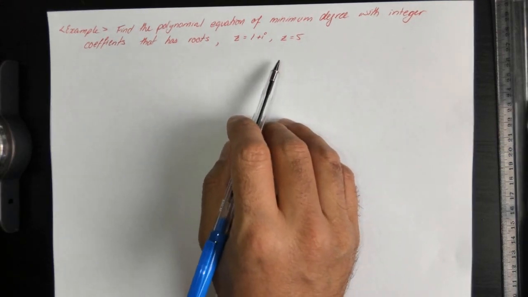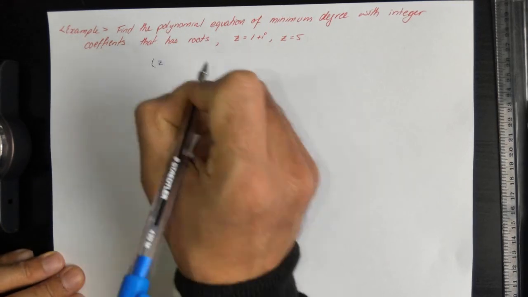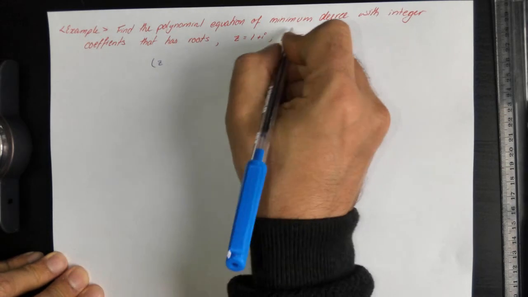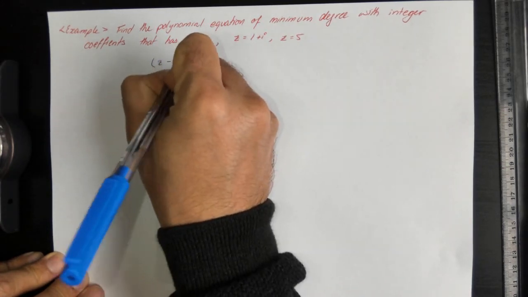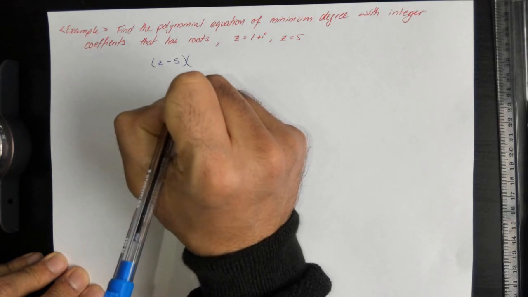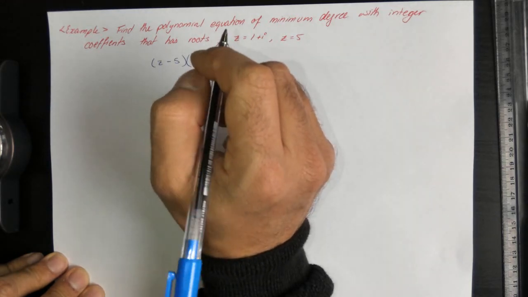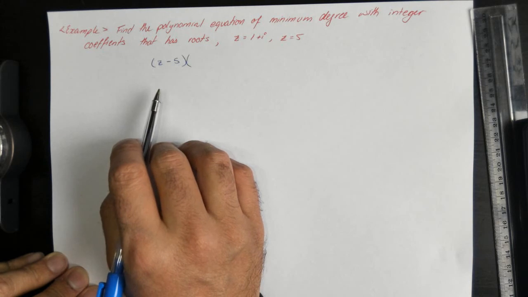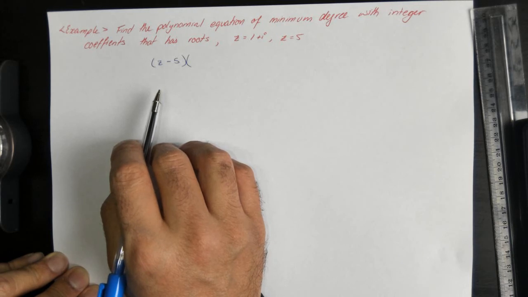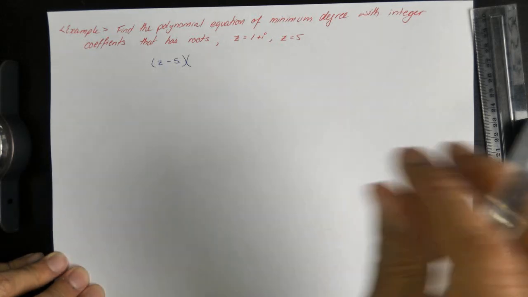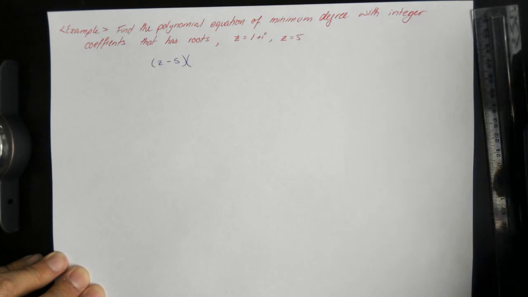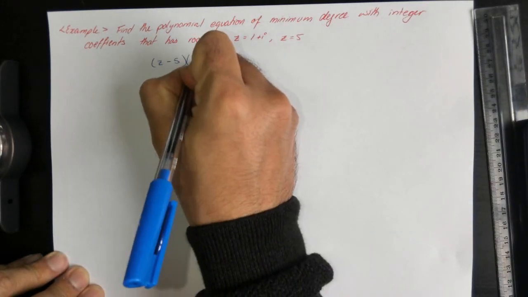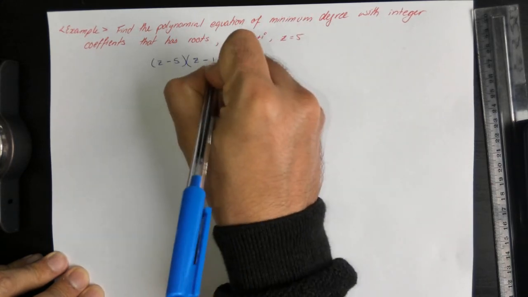So to do this, let's start with that real root, so we're going to have z minus 5, and then we're going to have z, let's do the first root, minus 1 plus i.